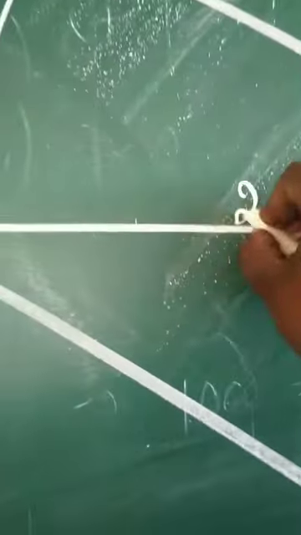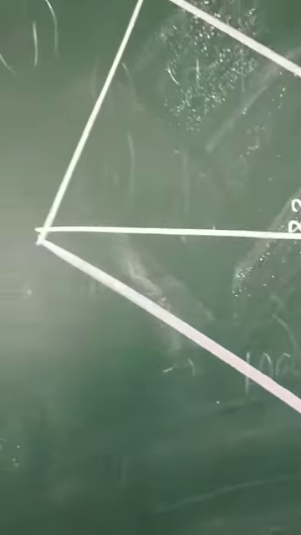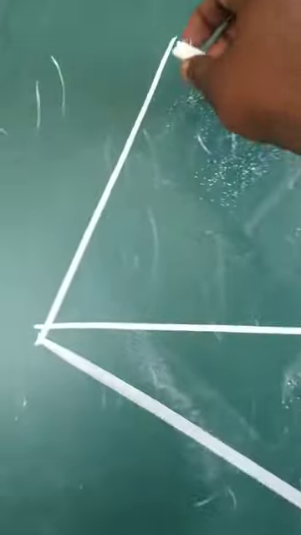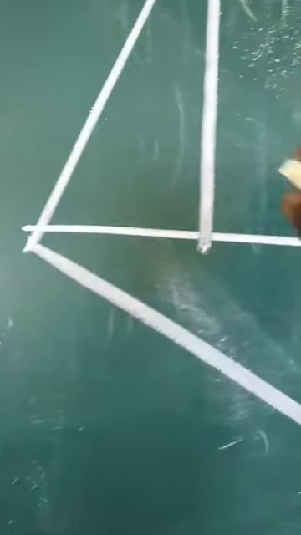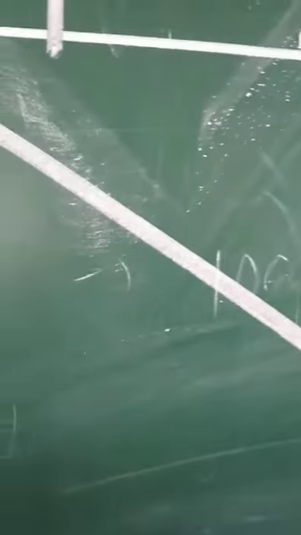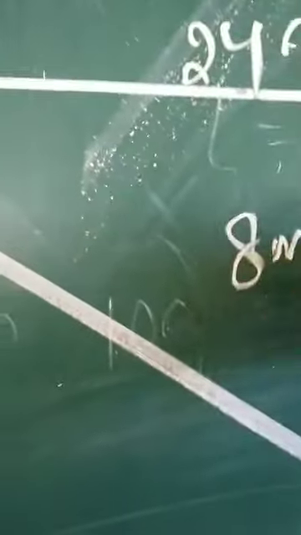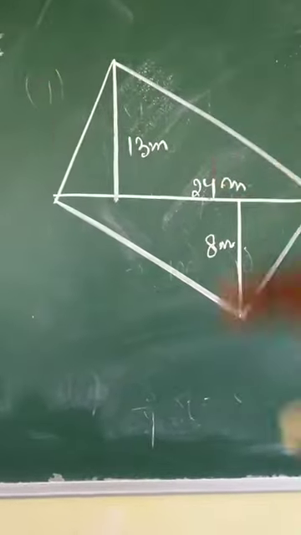The measure of this diagonal is 24 meter and the perpendiculars have been dropped from the opposite vertices. The measure of this perpendicular is 13 meter and this one is 8 meter. We have to find the area of this quadrilateral.